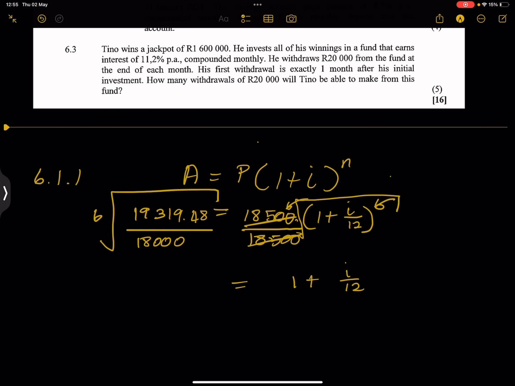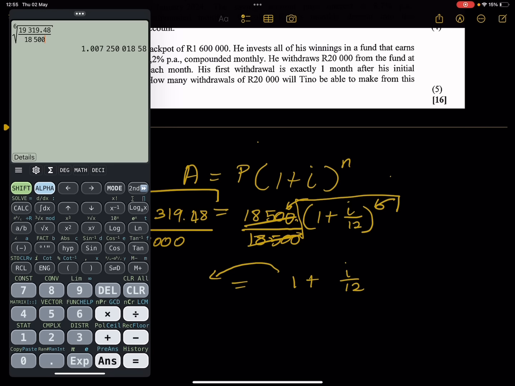Remember, we've got this 1 over here, so I'm going to take it to the other side. That becomes minus 1. So this entire thing, let me say answer minus 1. Okay, so we got this value. So remember, we've got i over 12 would be equal to that entire value. Which means to get the value of i, I need to multiply that by 12.